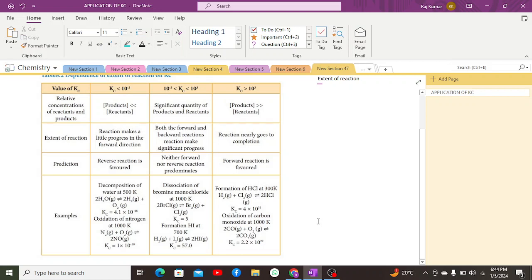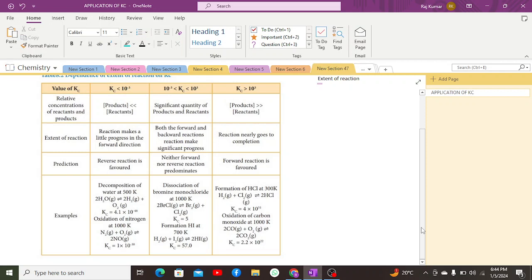Here the value of Kc is 5, which means the equilibrium constant is neither too large nor very small, so it is concluded that the reaction is at equilibrium. Equilibrium is established.